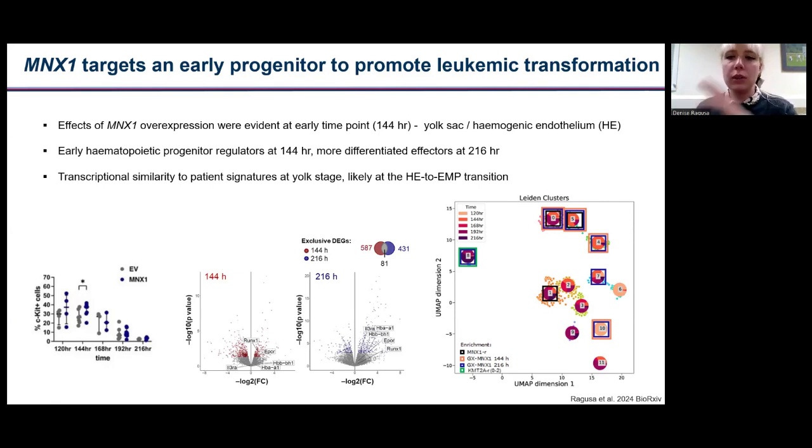So with all these analyses taken together, it is most likely that MNX1 might be hitting a very early developmental progenitor, which is only present within this temporal window.